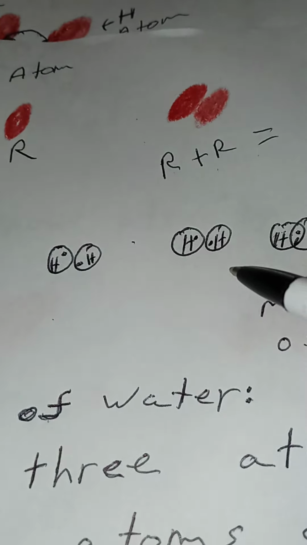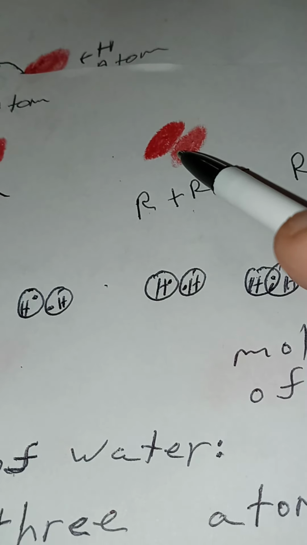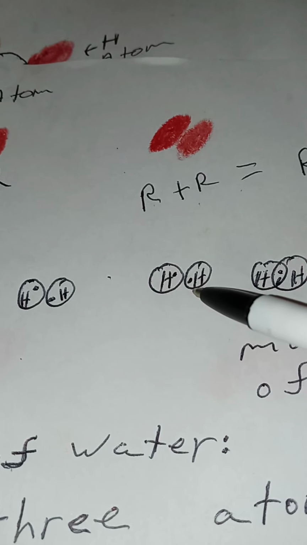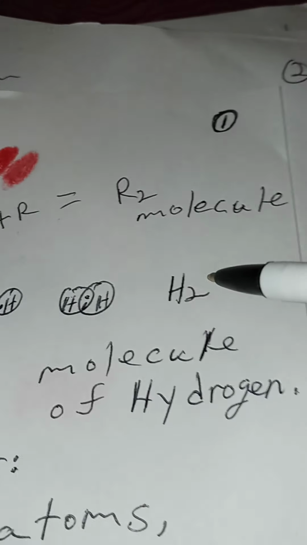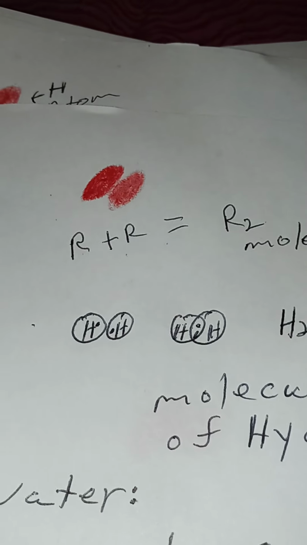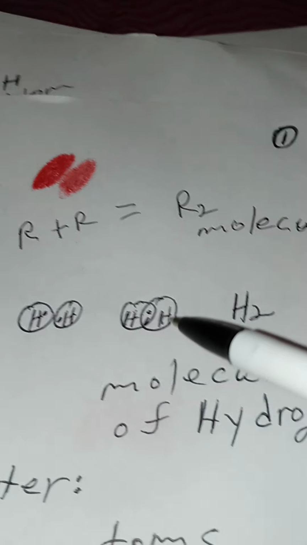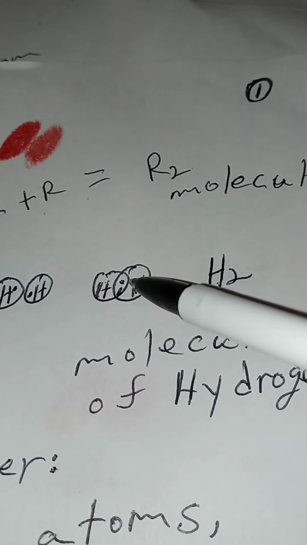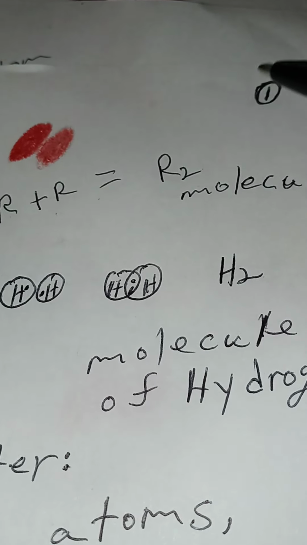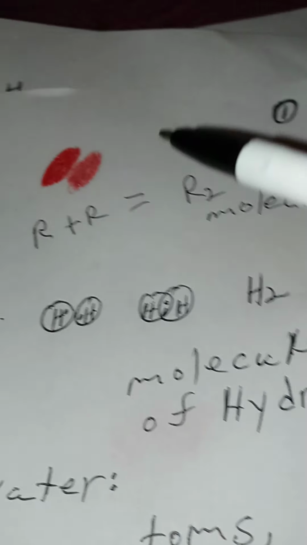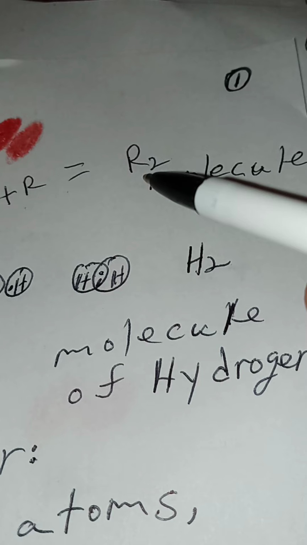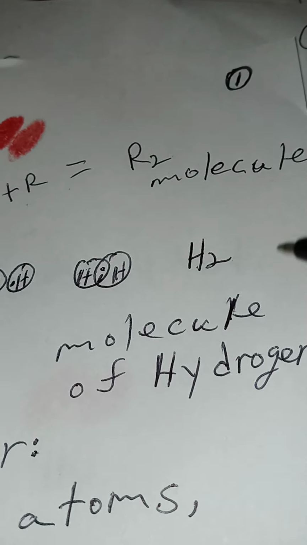See how they come together? Like the two R's, the two H's, the two reds. When you have two H's and they come together because of the electrons, which are the two little dots here, you get a capital H and a small 2, just like up here you got a capital R for red and two atoms together.